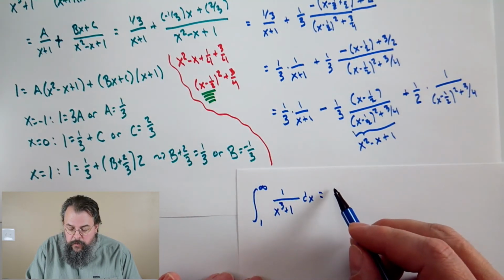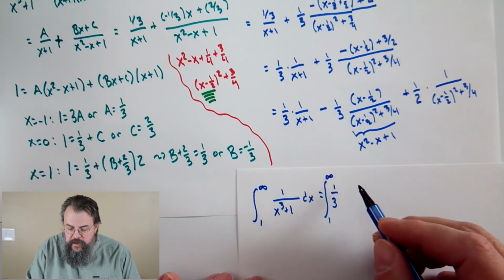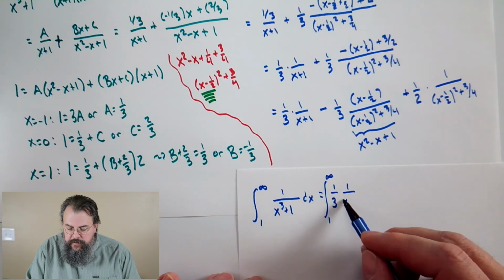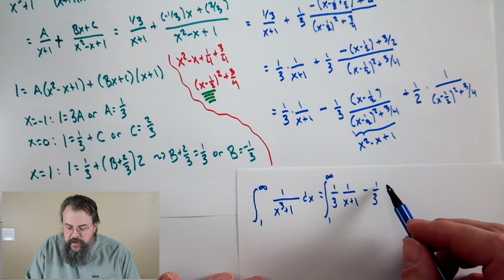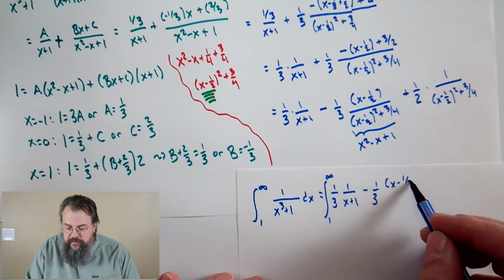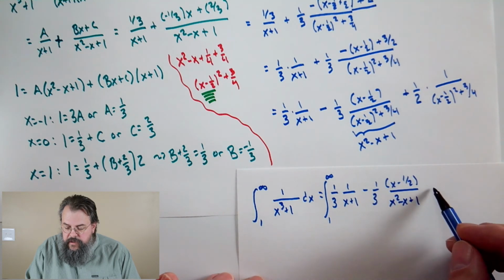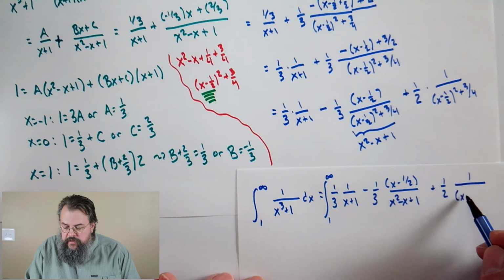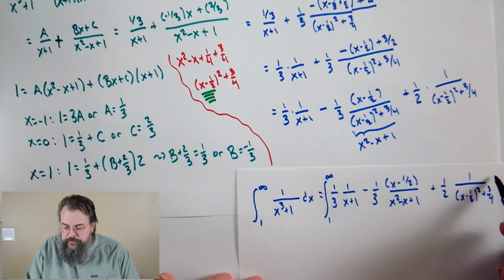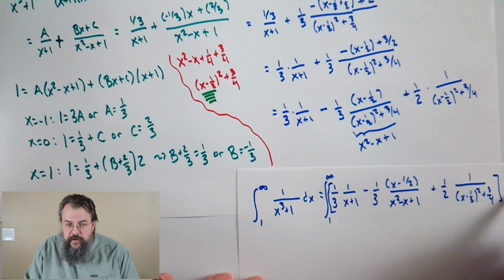That's going to be 1/3, don't forget the integral, 1 to infinity of 1 over x plus 1 minus 1/3 times x minus 1/2 over x squared minus x plus 1 plus 1/2 times 1 over x minus 1/2 squared plus 3/4 dx.